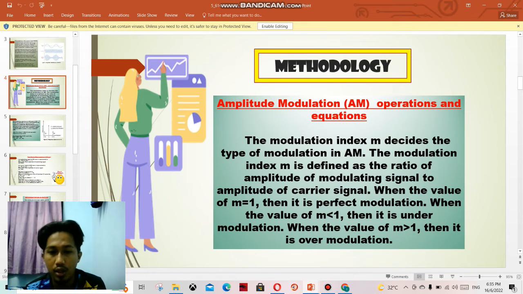When the value of m equals 1, it is perfect modulation. When the value of m is smaller than 1, it is under modulation. When the value of m is greater than 1, it is over modulation.